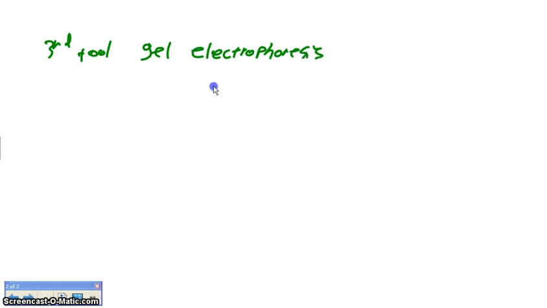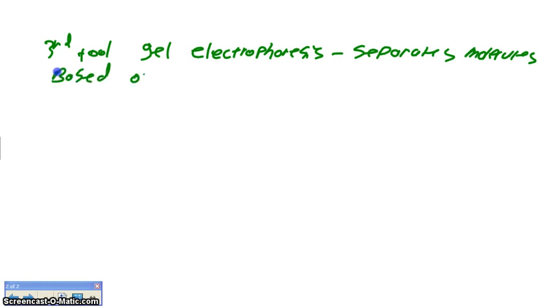The basic process of gel electrophoresis separates molecules based on size and charge. So this is how it works, and this is actually something that we're going to do next week, borrowing equipment from Whitworth, and it'll be really cool.